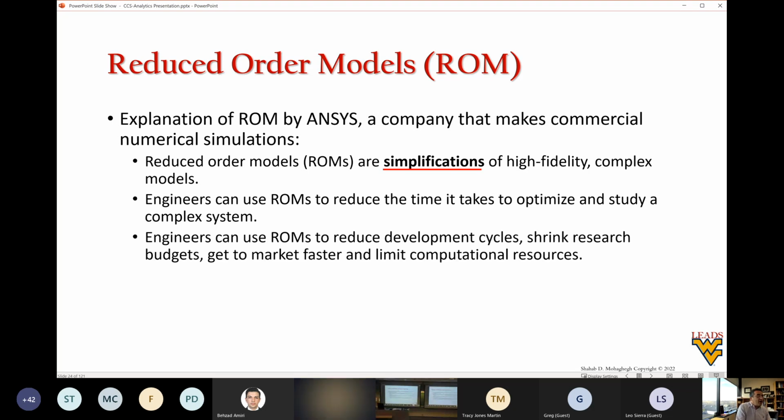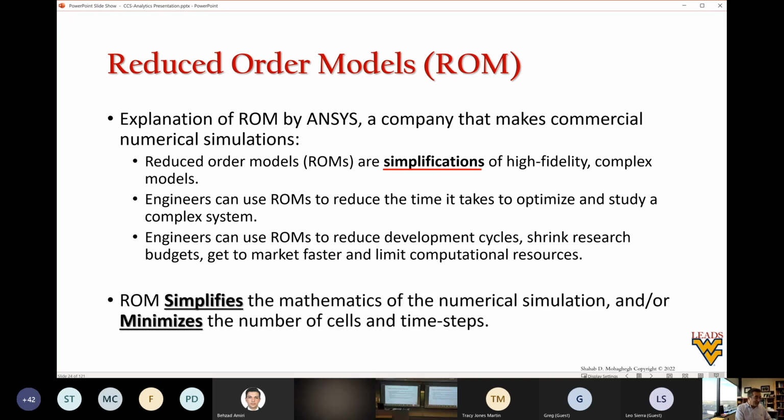Engineers can use ROMs to reduce development cycles, shrink research budget, get to market faster, and limit computational resources. All of these are correct. And again, they are saying it, I'm not saying it. ROM simplifies, these are the key words, folks, it simplifies the mathematics of the numerical reservoir simulation. And a lot of the time that simplification is minimization of the number of cells and the time step.